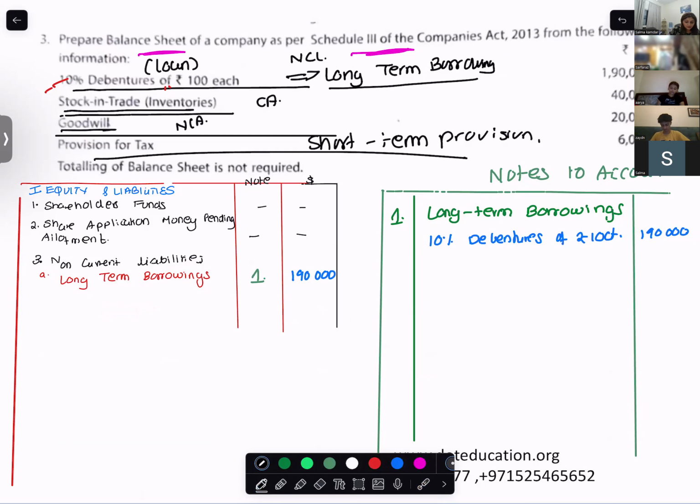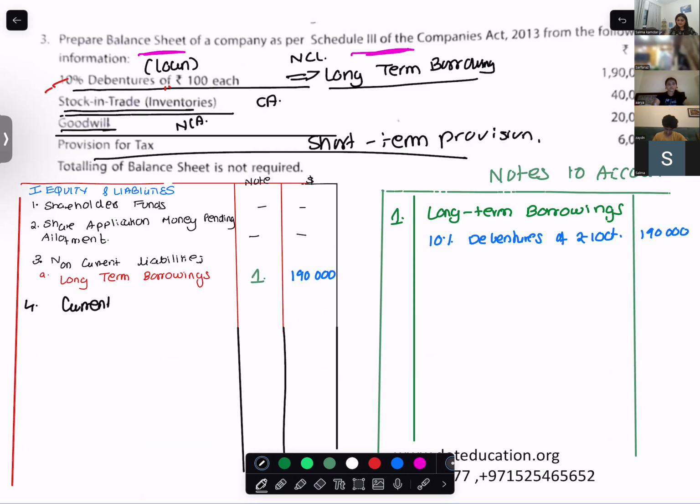After non-current liabilities, what is the fourth main head in equity and liabilities? Current liabilities. Do you have any current liabilities? Stock in trade.